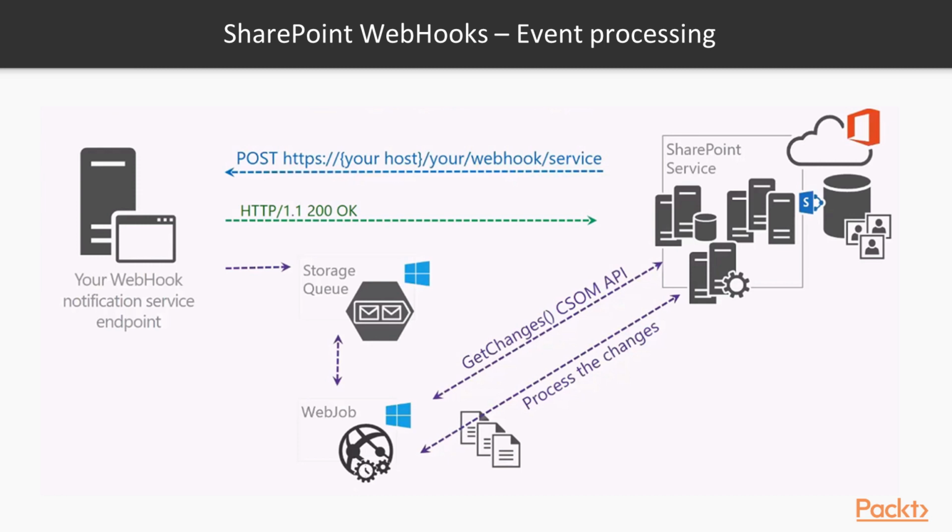SharePoint will respond with a list of the changes which have occurred since our latest call to the same method. So each call to the get changes method is basically asking to give us a set of changes which has occurred since our previous call, and then we process the changes.